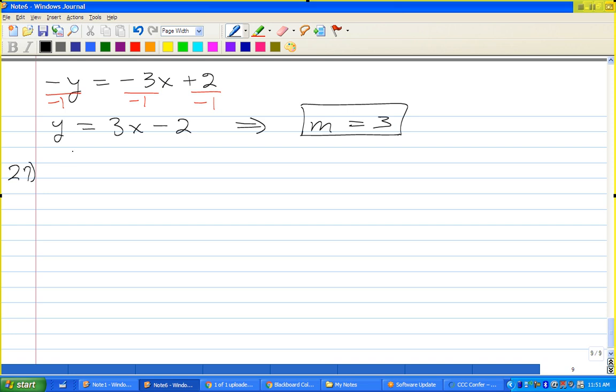Okay, 3x plus 3y equals 1. Subtract 3x from both sides of my equation in order to solve for y. So 3y is equal to negative 3x plus 1. Divide every term by 3 to solve for y.